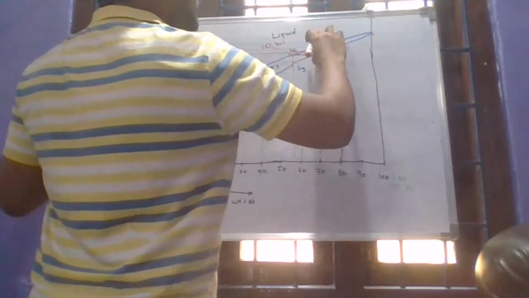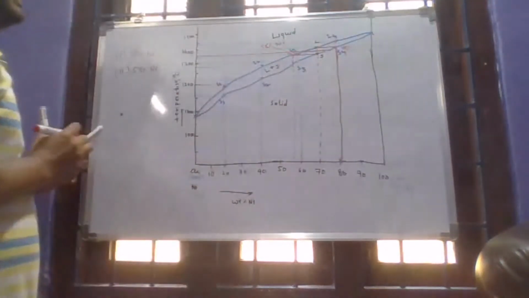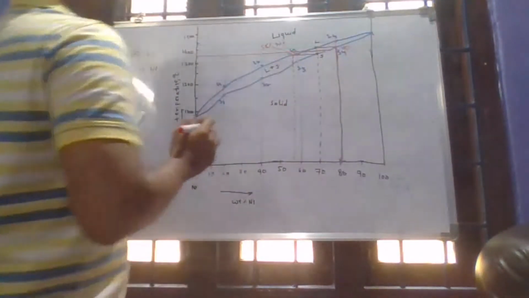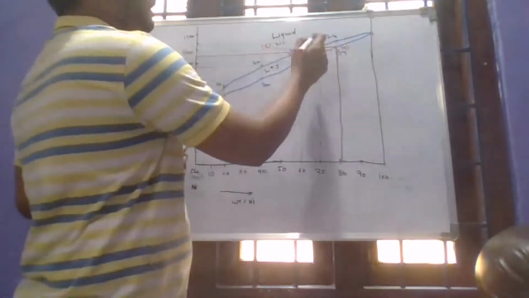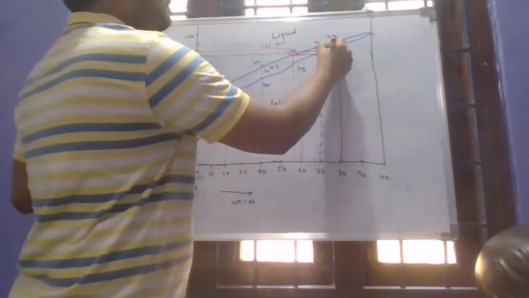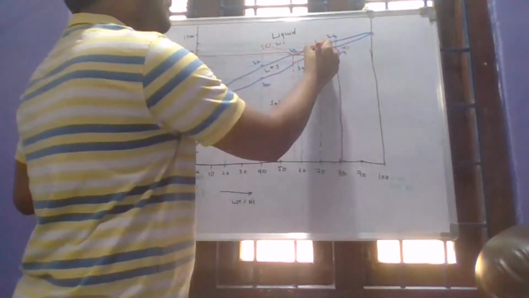Now 1360 is at the middle of the phase diagram.